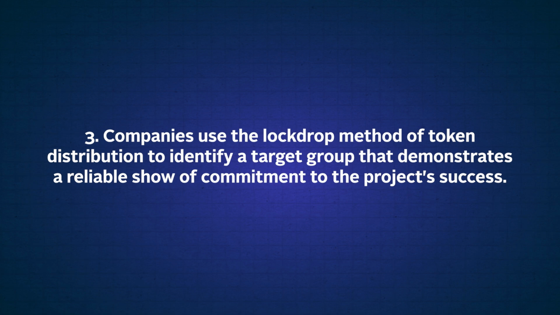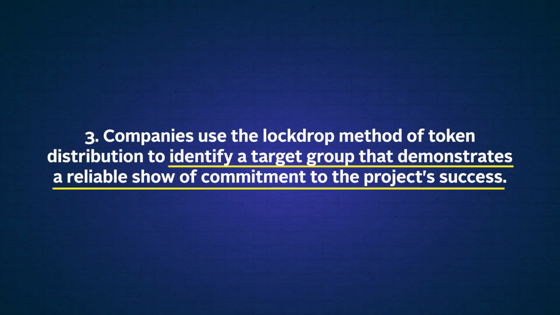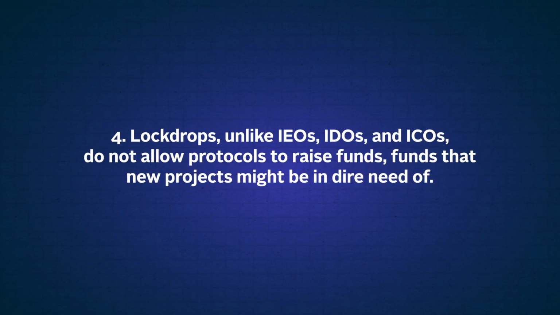Companies use the Lockdrop method of token distribution to identify a target group that demonstrates a reliable show of commitment to the project's success. Lockdrops, unlike IEOs, IDOs, and ICOs, do not allow protocols to raise funds that new projects might be in dire need of.